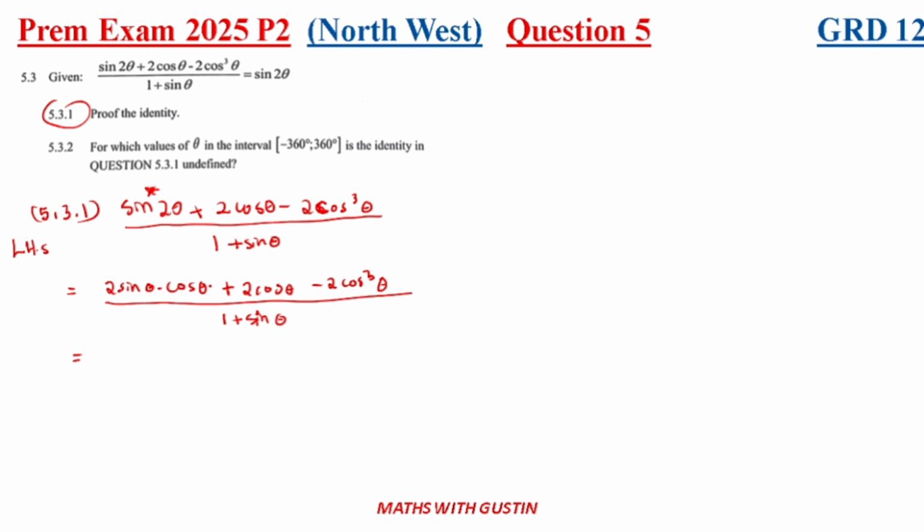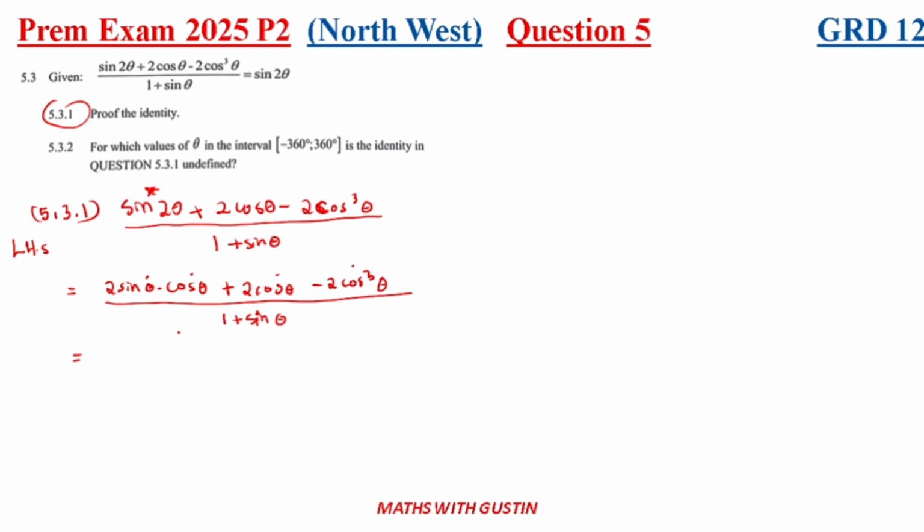Here we go again. Right, so now if you have a look at this here, we can take out a common factor. Okay, what do I see here? I see we have got a sine there. Okay, we've got cos here, we've got cos here, we've got cos here.